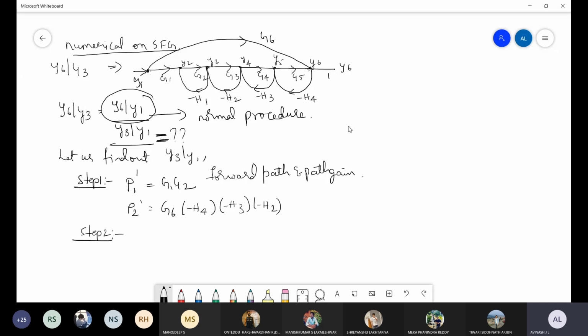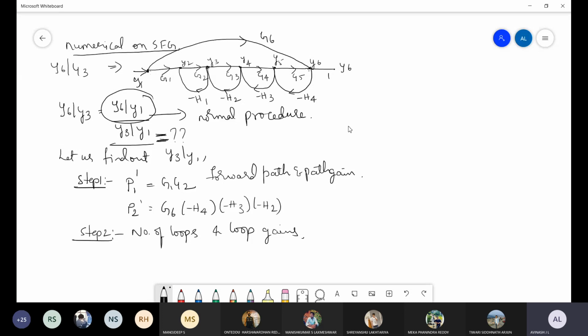What I believe is we have already calculated the y6 by y1. From y3 by y1 only I am calculating here. So in the step 2, the number of loops and loop gains are not going to change when you are calculating for y6 by y1 also. Why?